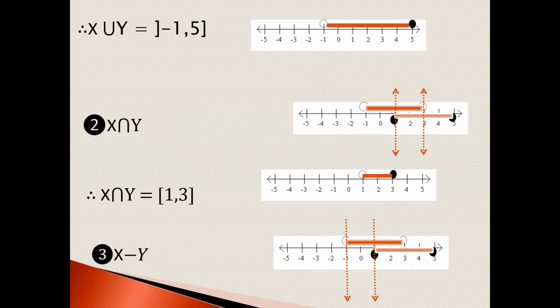So I opposite it: it's closed, so it will become open. So the answer is negative 1 open and 1 open. Why? Because I cancel closed, it will be open. That's the answer, negative 1 and 1 open.